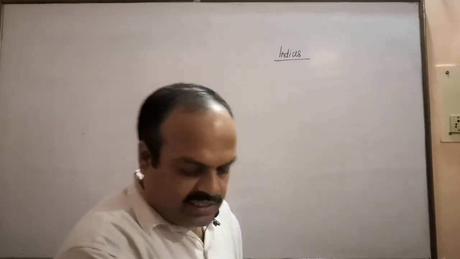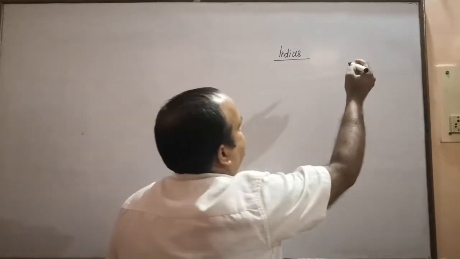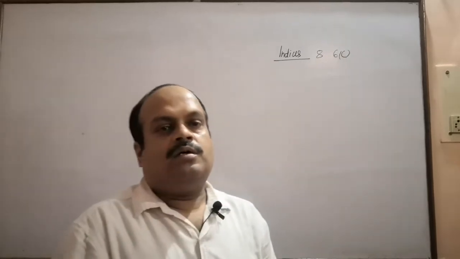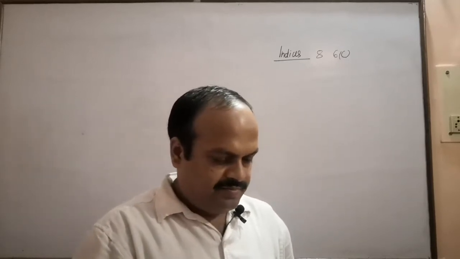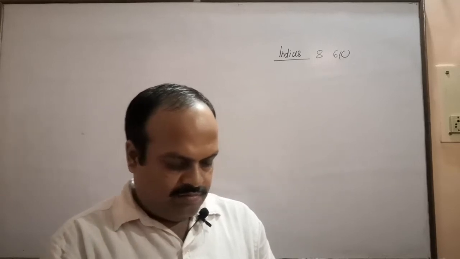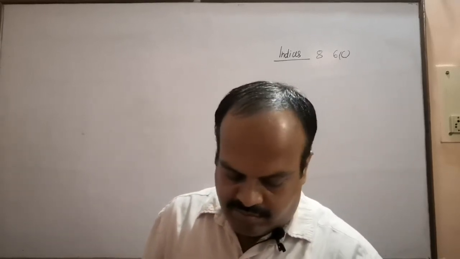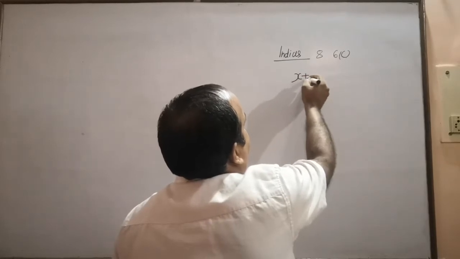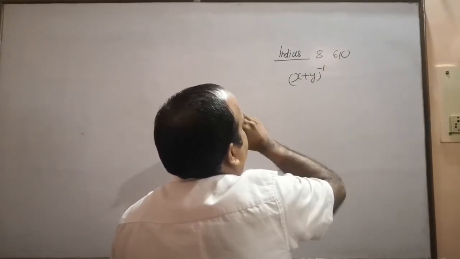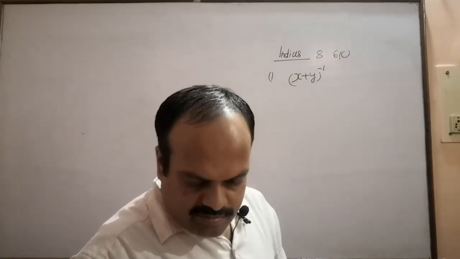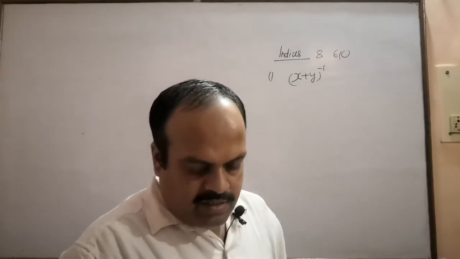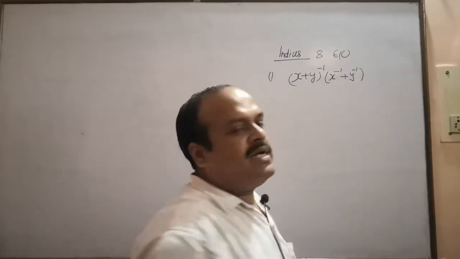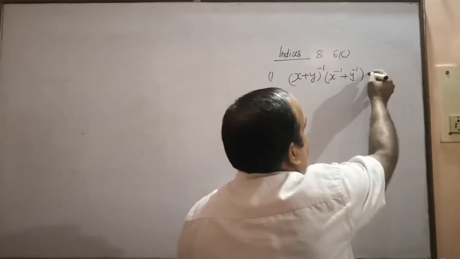Question number 8, exercise 6C. Prove that (x plus y) to the power minus 1 multiplied by (x to the power minus 1 plus y to the power minus 1) equals 1 upon xy.